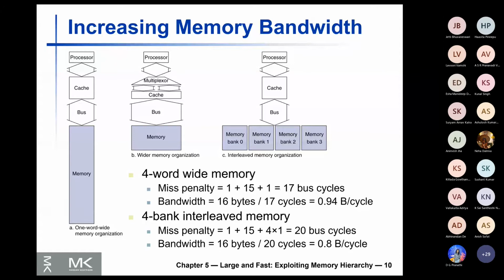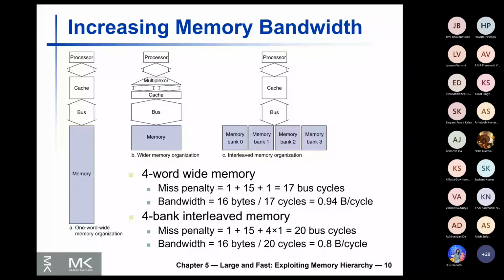Your instructions are still load and store, which deal with exactly one word at a time per instruction. So notice that the width of the connection between the processor and the cache in all three diagrams is constant. It is always one word.